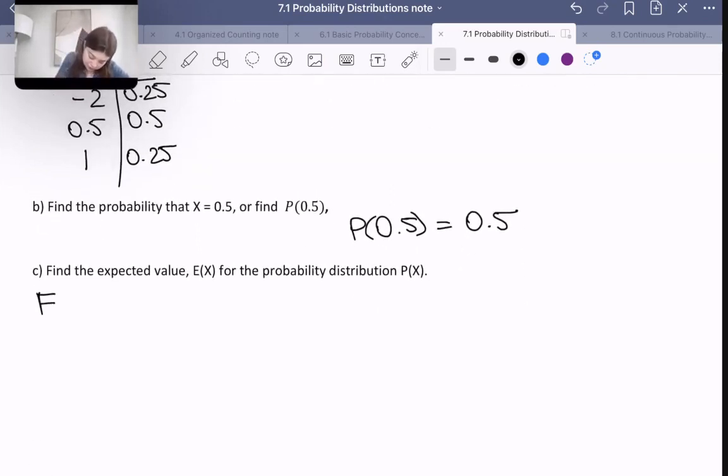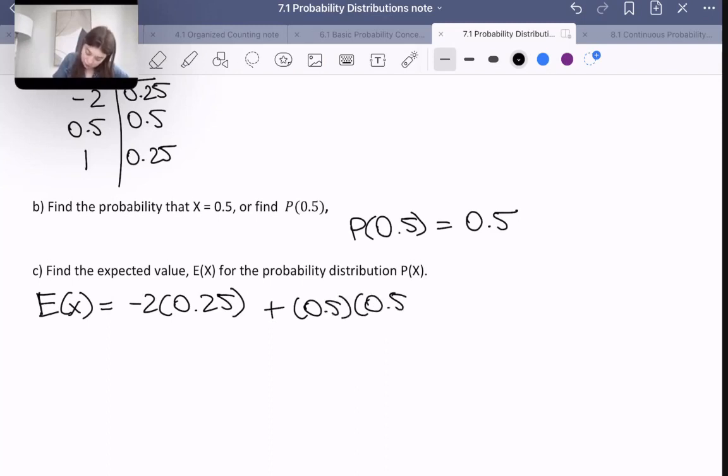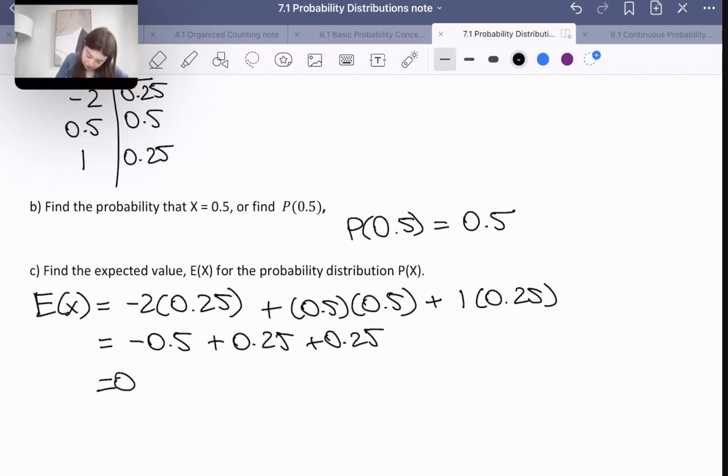So let's do the expected value. It's going to be -2 times 0.25 plus 0.5 times 0.5 plus 1 times 0.25, which is equal to -0.5 plus 0.25 plus 0.25, which is 0.